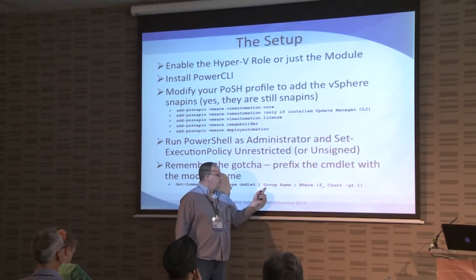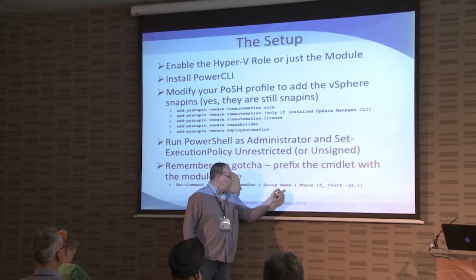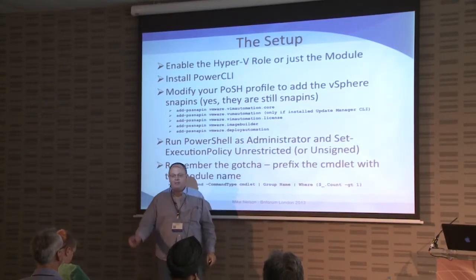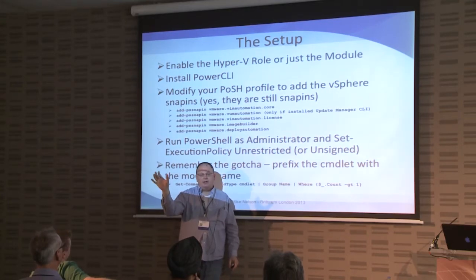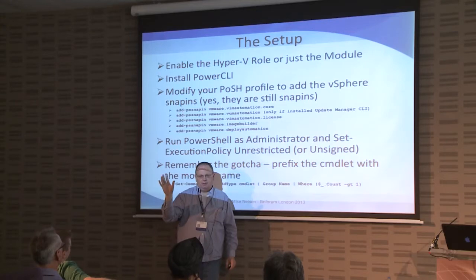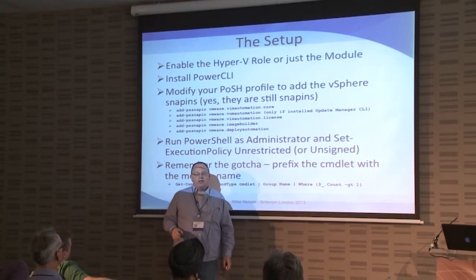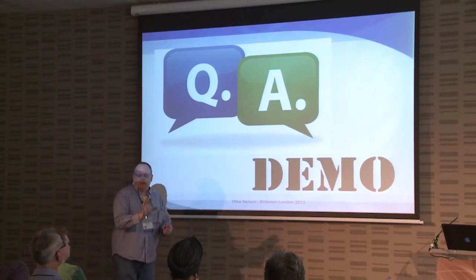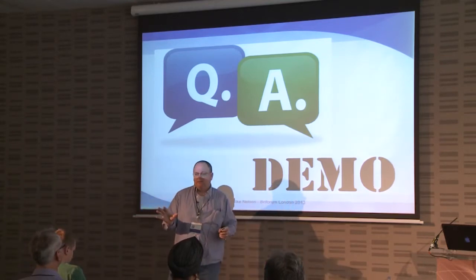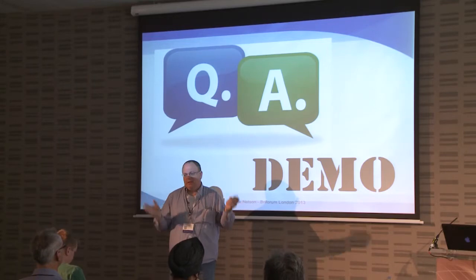And it'll tell you what the group name is. That group name is the module name. It'll tell you that the module is Hyper-V, or VMware VimAutomation, I believe it's called, or something like that. So you have to prefix the command with that. Okay? That's the only way you can do that in terms of having to manage it from a single pane of glass.